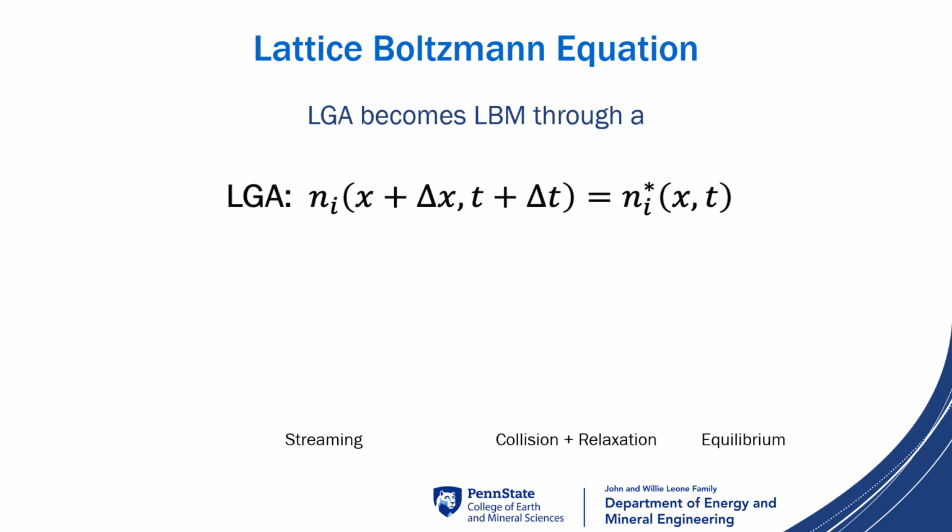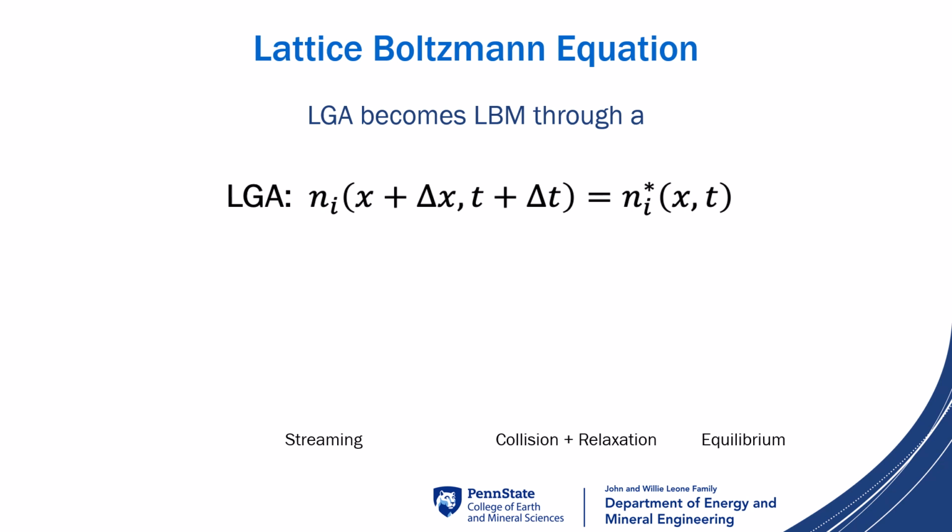LGA transitions into LBM through the introduction of a distribution function. In LGA, fluid flow is simulated using discrete particles moving on a discrete lattice at discrete time steps. Each particle moves in a fixed direction on the lattice and interacts with other particles via simple, predefined collision rules.